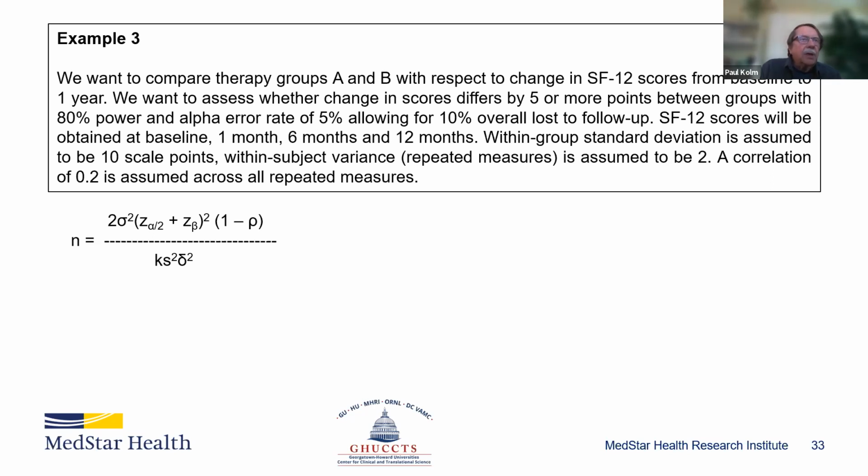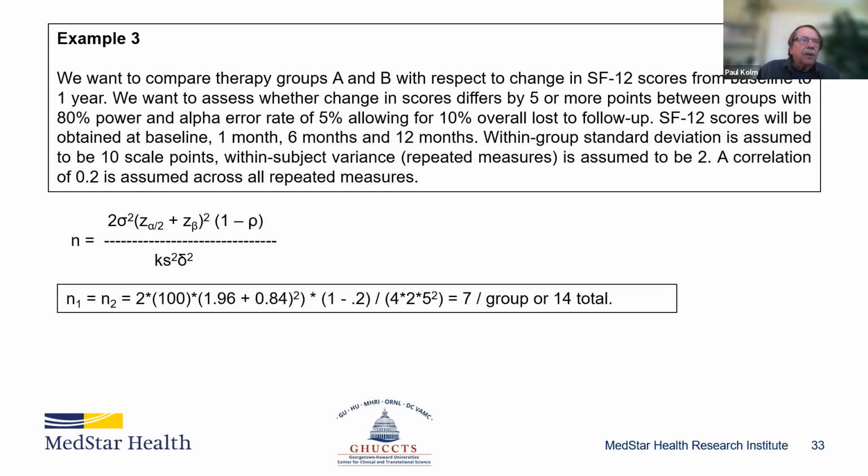So our formula, as we looked at before, has these elements. So we plug these in. So we have 2 times 100, where that's our within group standard deviation of 10. 1.96 plus 0.84 as before, with a 2-sided alpha rate of 0.05 and beta error rate of 0.2.